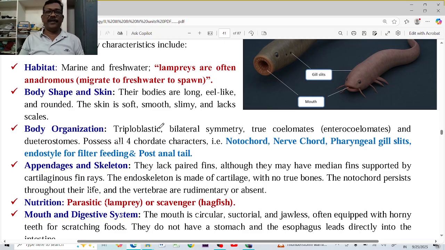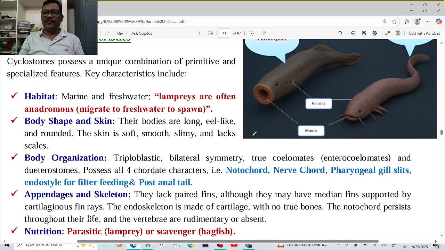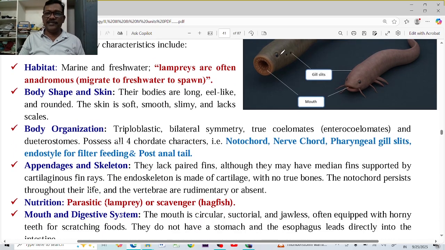Body shape and skin. The mouth is round in shape. They have some gills on their body, and fins are present, but these fins are not paired. However, they are used for locomotion. Some sense organs are also observed here.